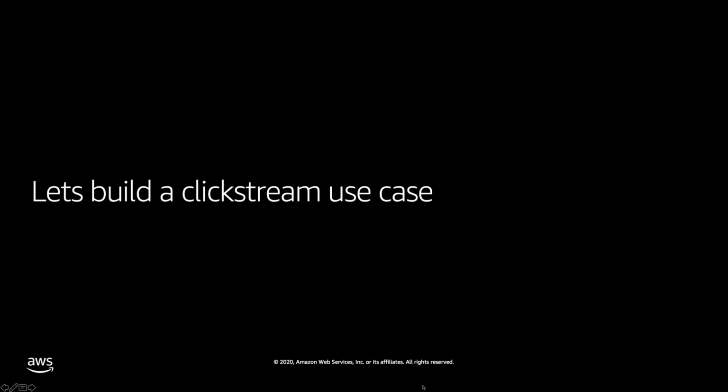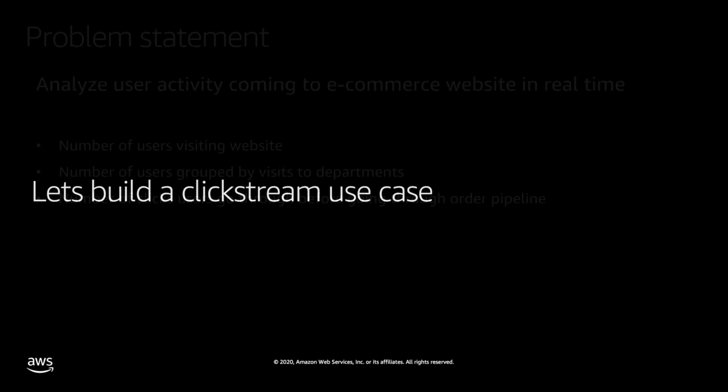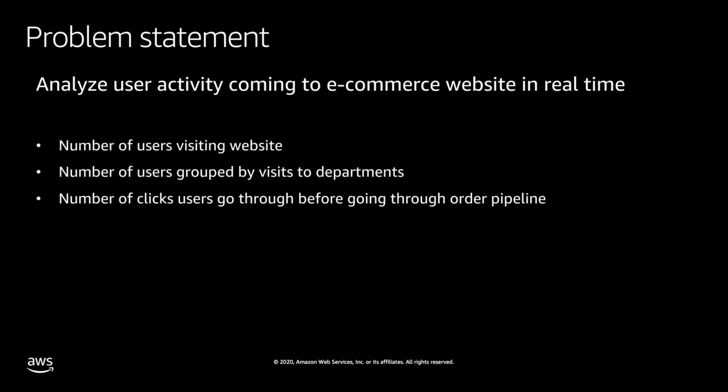Okay, now that we have some basics of Apache Flink, let's go ahead and build a clickstream use case. So what we'll do is talk about a clickstream use case where we'll analyze some user activity.